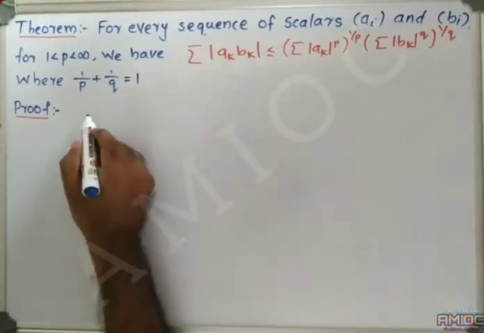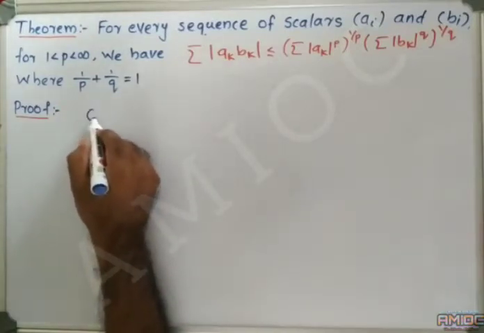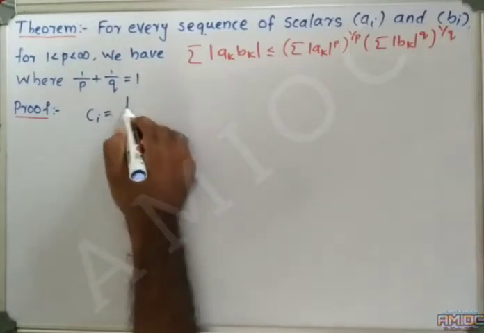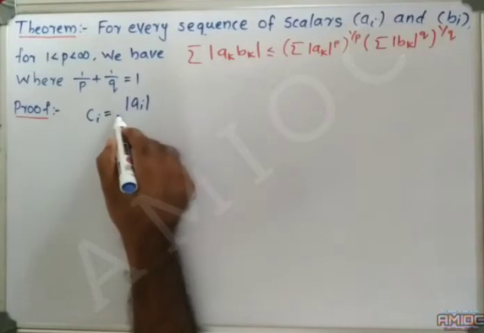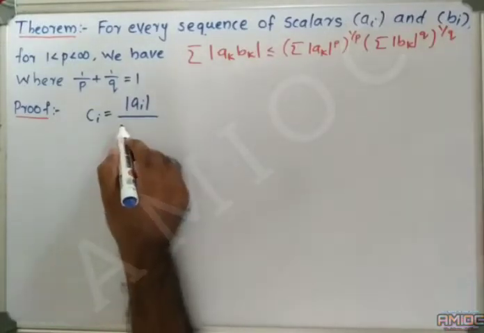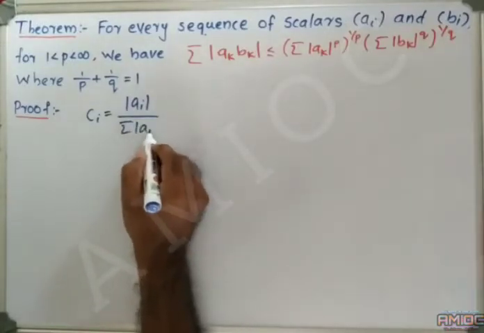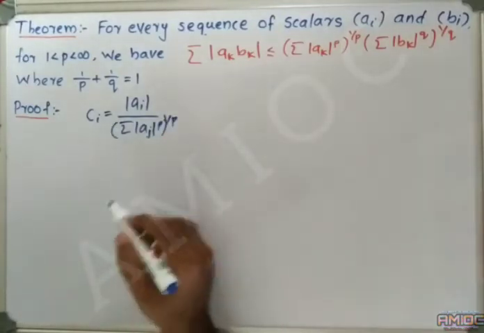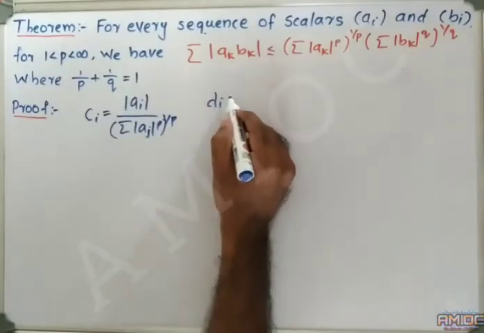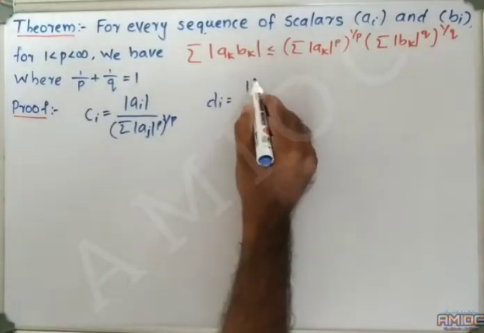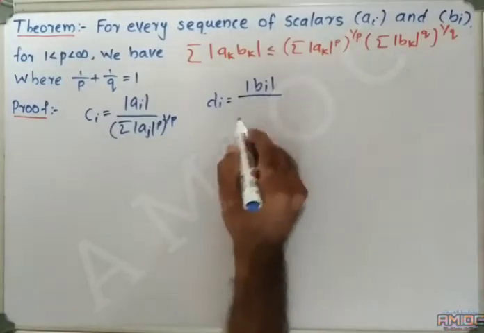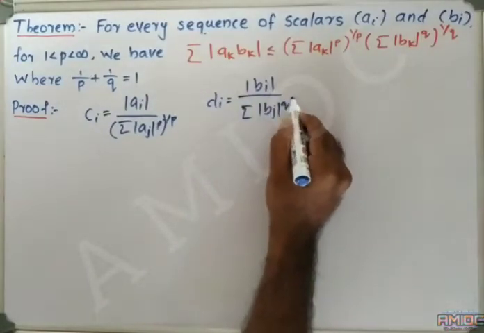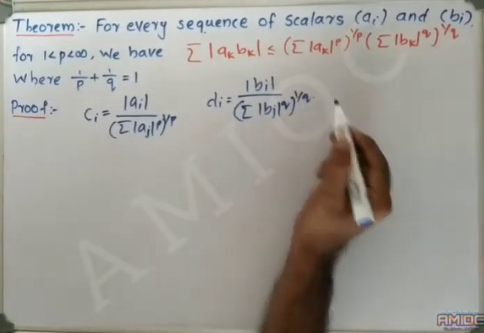First of all, I am defining two quantities: c_i is equal to |a_i| divided by (summation |a_j|^p)^(1/p), and d_i is equal to |b_i| divided by (summation |b_j|^q)^(1/q).